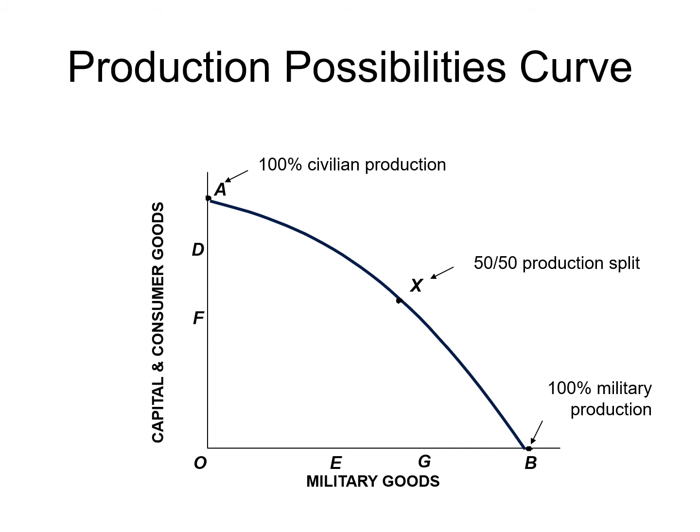At point X, half of the nation's resources are allocated to military production. So half of the land, capital, labor, and skills of the entrepreneur are dedicated to guns and tanks and bombs and drones and ships and nuclear warheads. The other 50% of resources are used to produce consumer goods and capital goods.